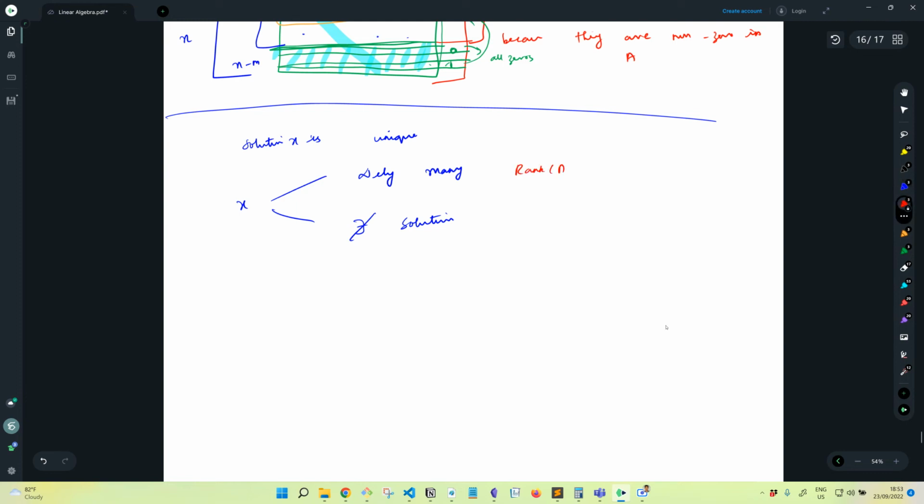It turns out the condition for infinitely many is when the rank of A equals the rank of the augmented matrix A comma B, and you get no solution when the rank of A does not equal the rank of A comma B.